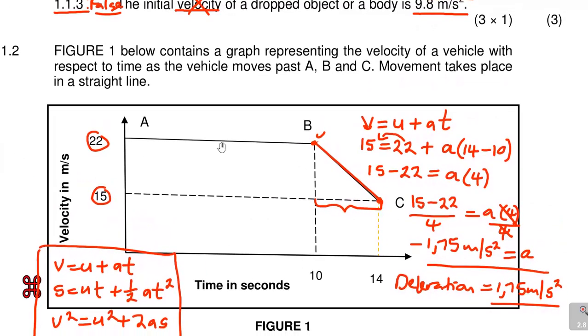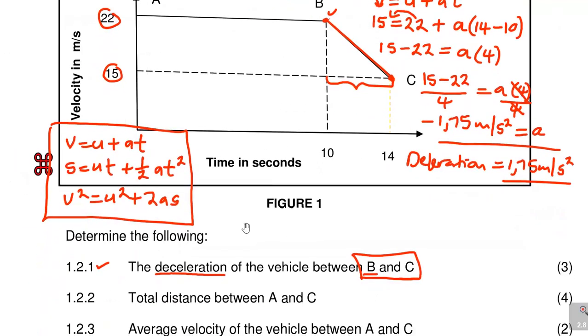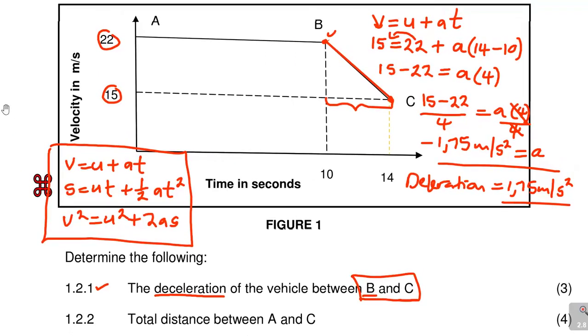If I can write my answers up there, this is 1.2.1, and we said acceleration was negative 1,75 meters per second squared. I'm using that so that I can keep my answers for the next question. So this was the first question: find the deceleration of the vehicle between B and C. Let us move on to the next question.